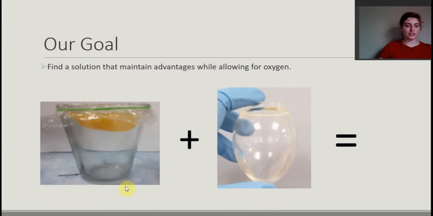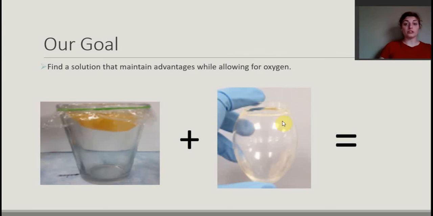So you can see here on the left a very crude, basic Ex-Ovo culture system. You might see that in elementary schools for the very beginnings of what development and the blood vessels start looking like. On the right over here, however, we have a very complex biochemical engineered transparent eggshell.